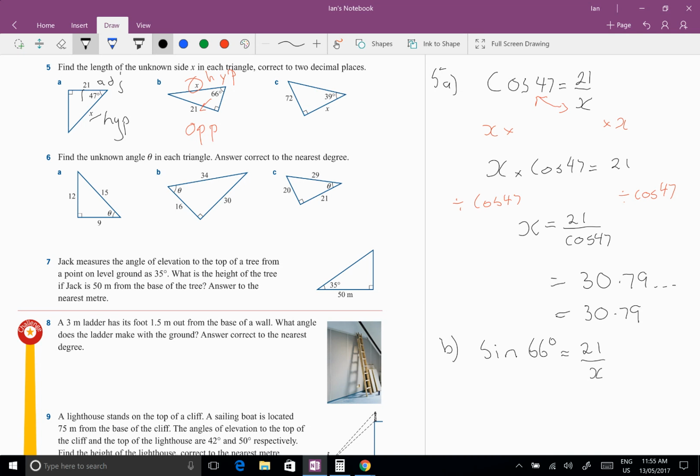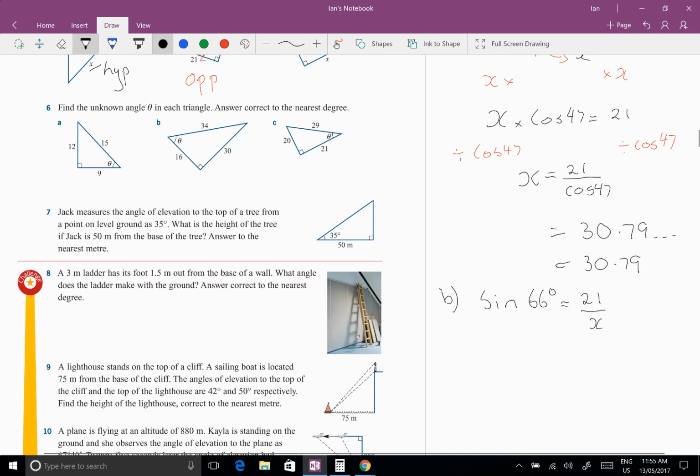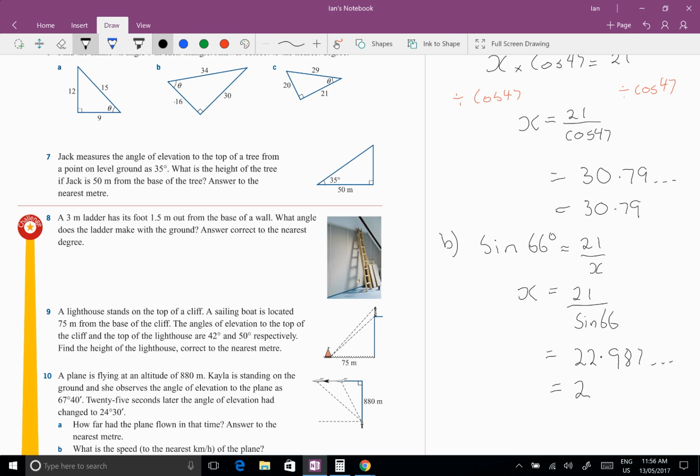And again, I'm caught in this situation with the pronumeral in the denominator. I'm not going to go through and do those 2 steps I did before. I'm just going to swap them. So I'm going to say x equals 21 over sine 66, and that will give me my answer of 22.987. It wants it to 2 decimal places, so I'm going to say 22.99. And that's the answer.